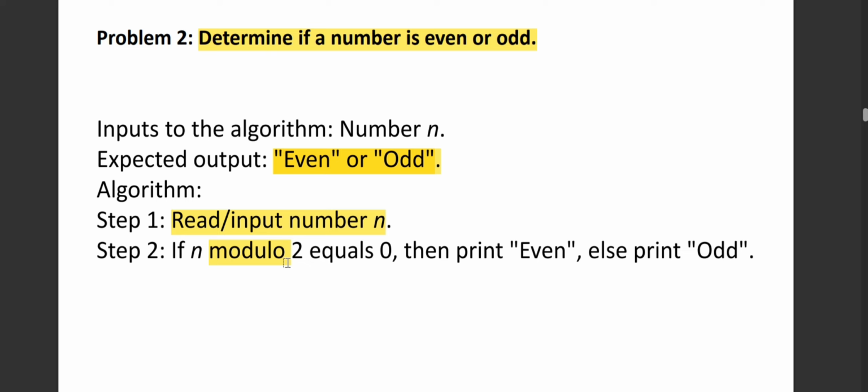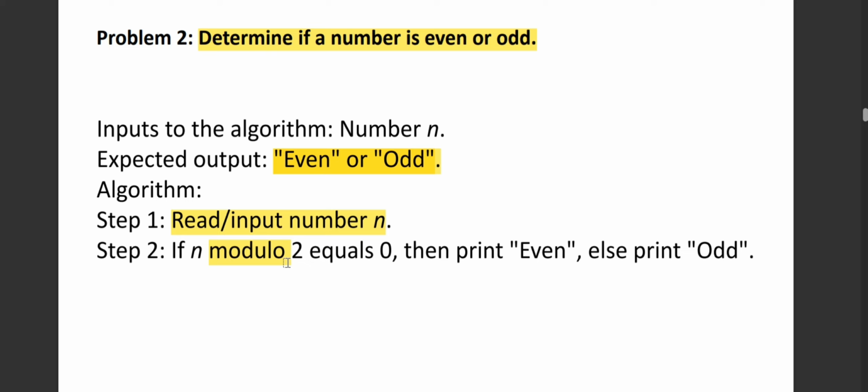It divides until the number is not divisible by 2 anymore, and then it gives the remainder. Whereas the divide symbol just gives you the quotient. So 4 divided by 2 is 2, whereas 4 modulo 2 is 0. This is the main difference.